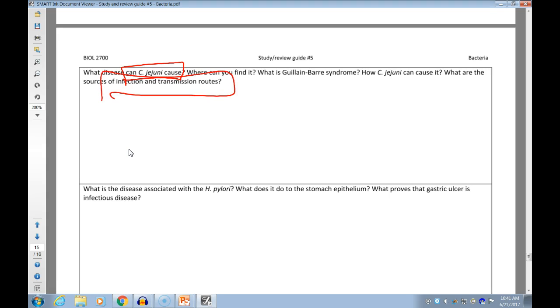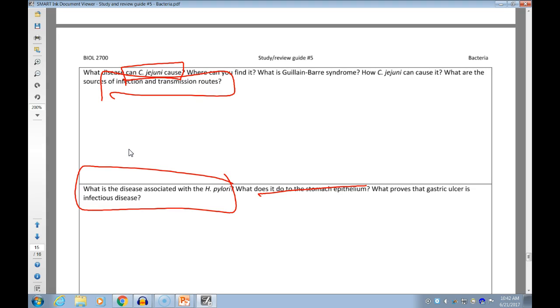Infection sources: poultry. Transmission routes: fecal-oral. H. pylori. Gastric ulcer. It does ulcer. When I say what does it do to the stomach epithelium, inflammation. You have constant chronic inflammation that destroys the epithelium, forming an ulcer.